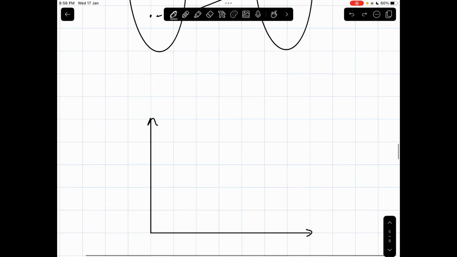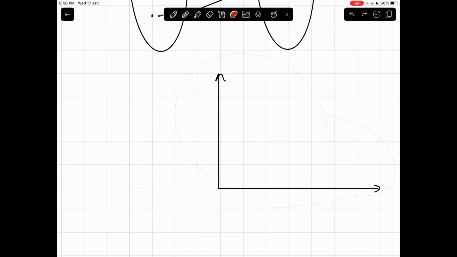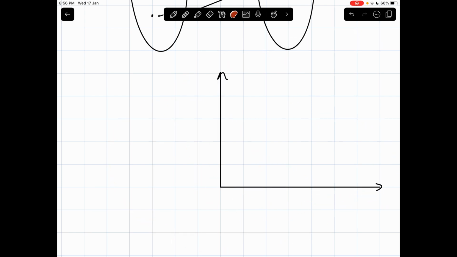If we were to plot this in a graph, what we will get is something like this. Let me extend the x-axis and then let's plot it down. 1, -1, -2, -3, 1, 2, 3, 4. Let's have 0 right here. Let's extend the y-axis.